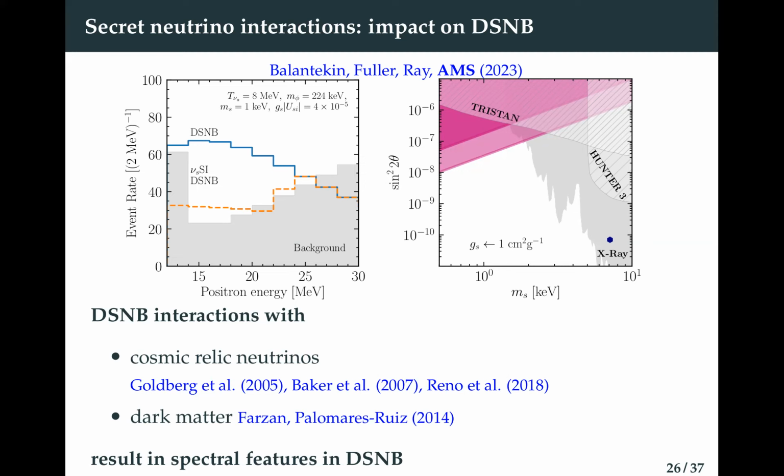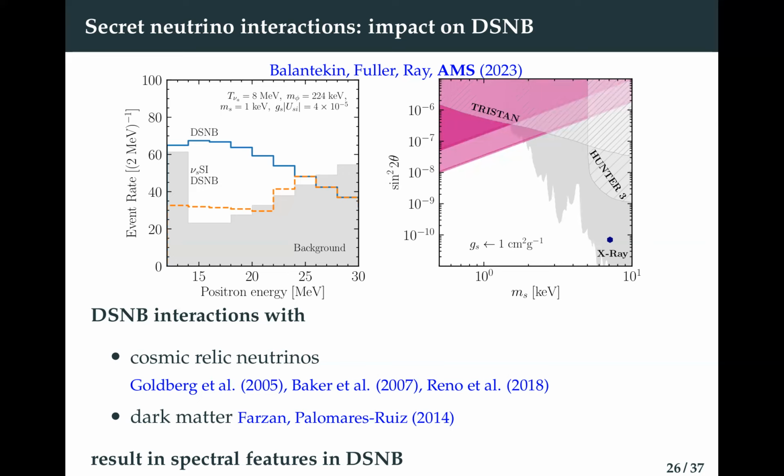So if we see a signal in TRISTAN in this region, and we also see a signal in the DSNB with dips, that can be a hint for the sterile neutrino dark matter. But do you have 100% for that? Yes, this is 100% depending on the resonance energy and basically the temperature of the neutrinos emitted from the supernovae.